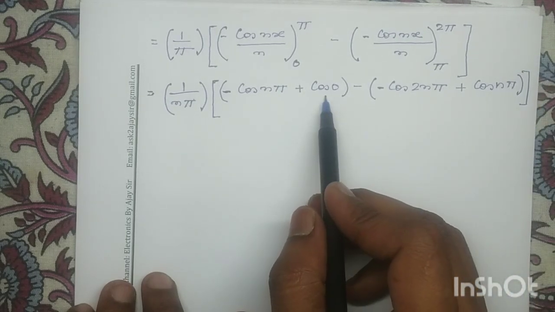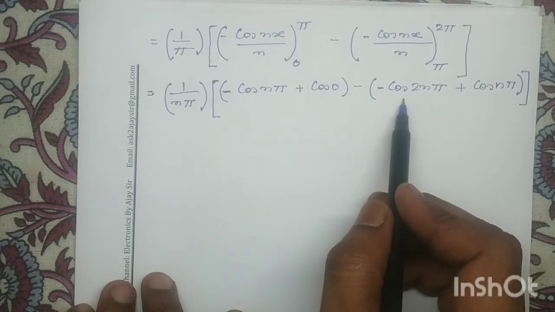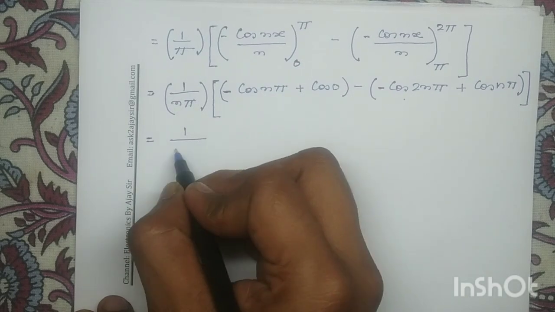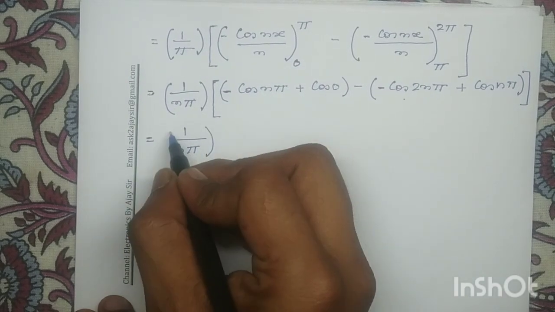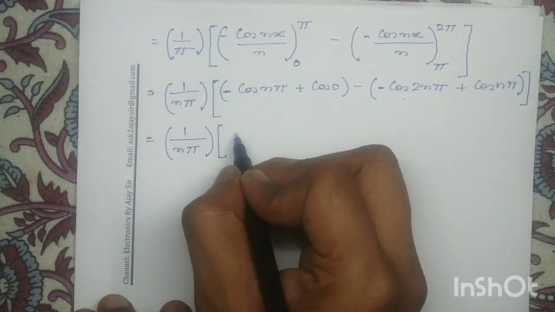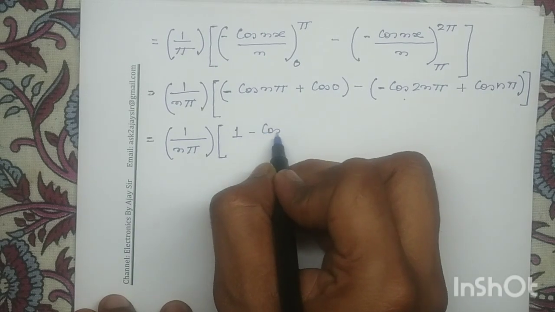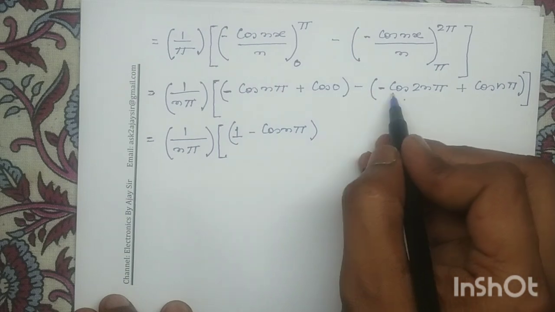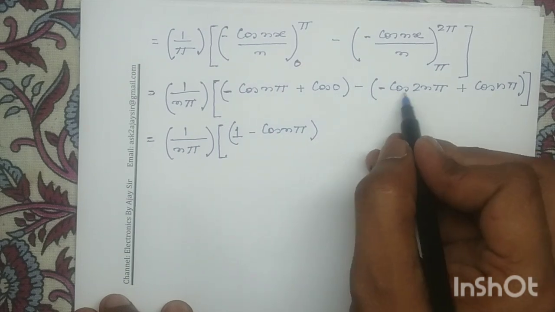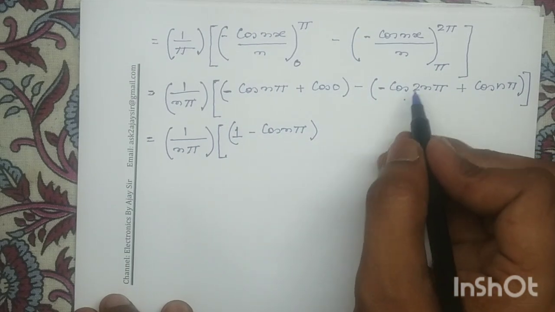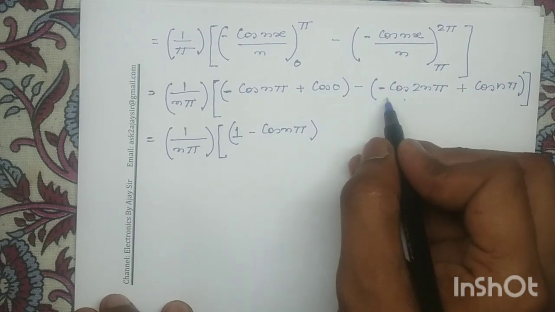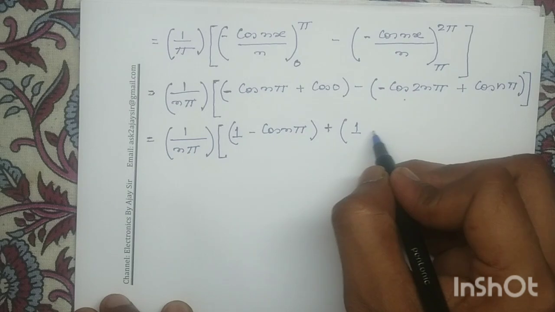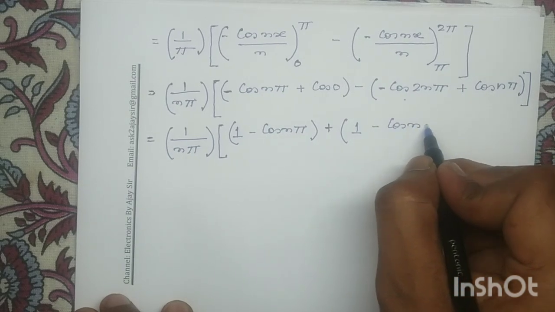We will simplify this expression. Cos 0 is equal to 1 and cos 2n pi is also equal to 1. So if we substitute the values, it becomes 1 minus cos n pi minus, we will take it inside, cos 2n pi is equal to 1. So if you take this minus inside, it becomes plus 1 minus cos n pi.